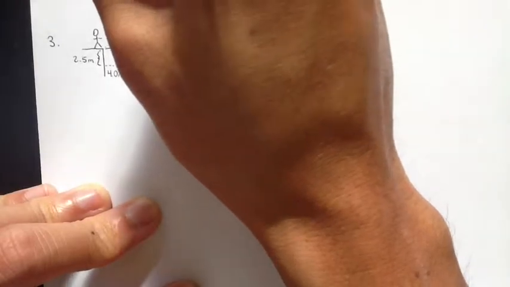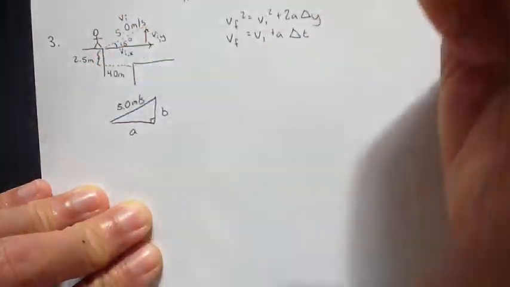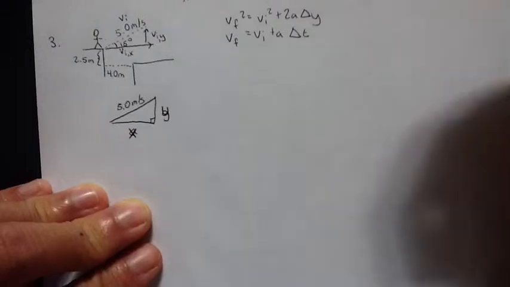In order to do that, I can just create a triangle. If this is 5.0 meters per second and this is a right triangle, then I can find A and B, or in this case, X and Y, using trigonometry.